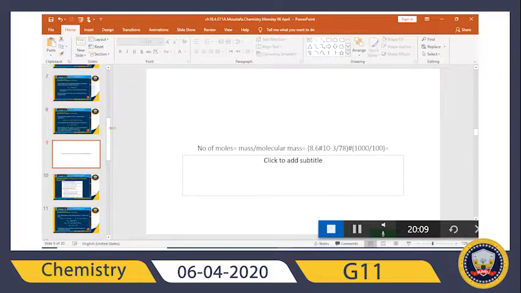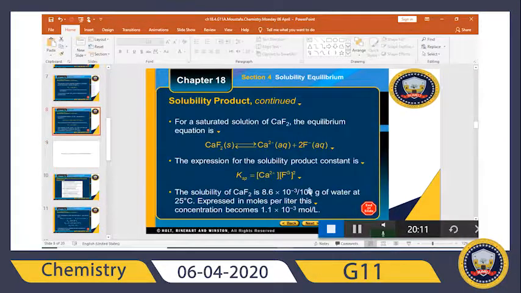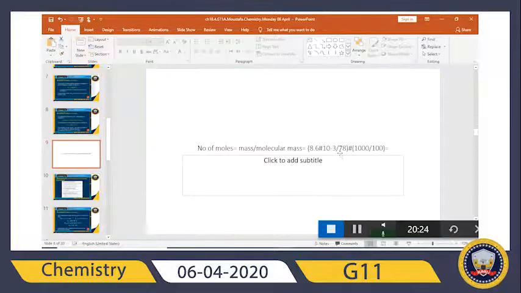But this value is in the denominator, so if you want to move it to the top, you have to revise the location. Now it is right.